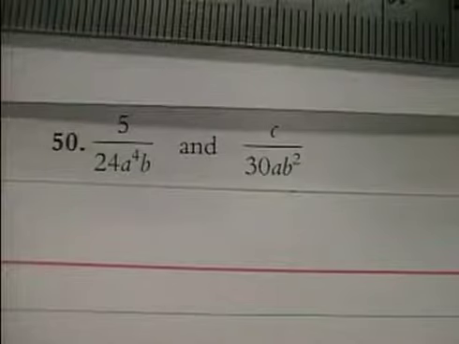Now this is more in the spirit of where we need to be if we're going to work with monomials. We have two monomials that are rational expressions. And let me write out the word and this time, C over 30ab squared.